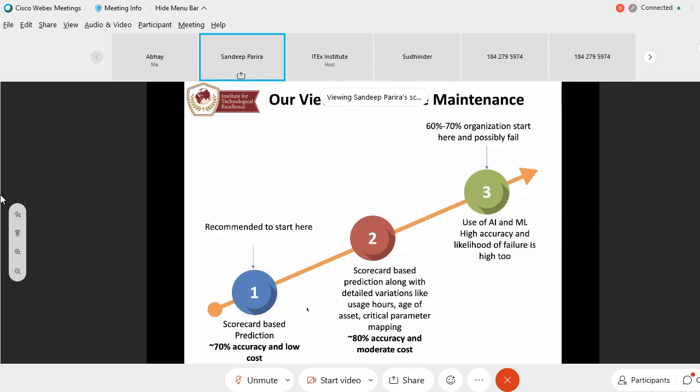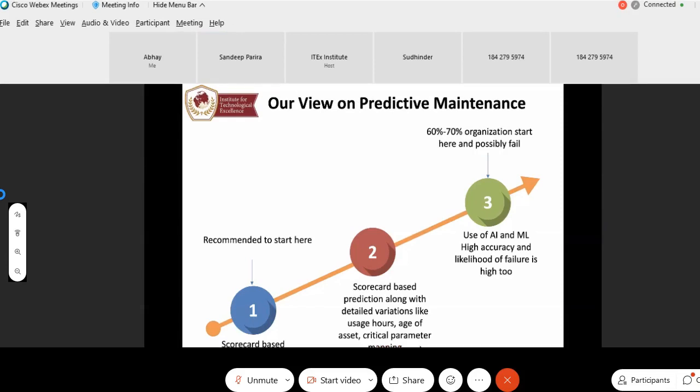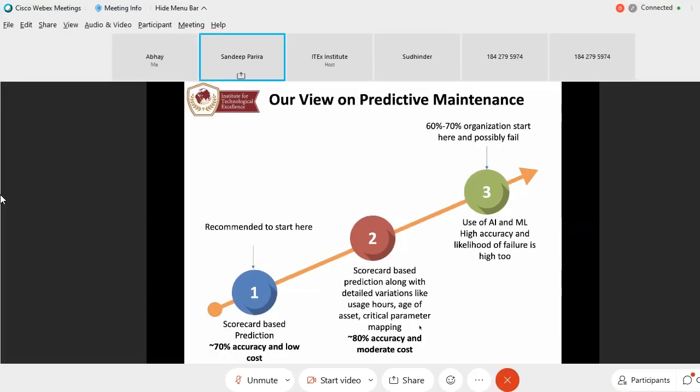Over time, as you mature and reach an accuracy of 80-85% at a moderate cost, with better scores, and you have the data and have already got some benefits from this low cost approach, then the organization is ready for AI and ML.